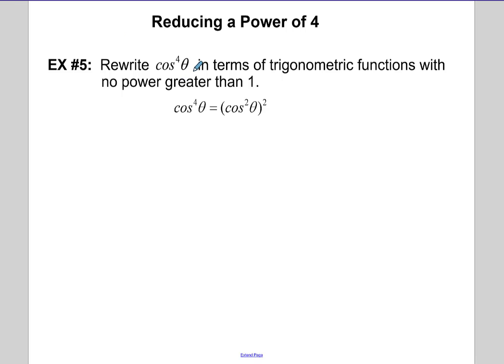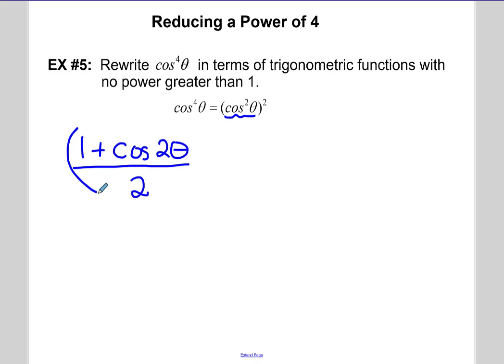So we want to be able to rewrite cosine to the 4th and reduce that down. So this formula, if you look back at your original notes, that's 1 plus cosine 2 theta divided by 2 is another name for cosine squared, right? So this part, cosine squared, is this formula.